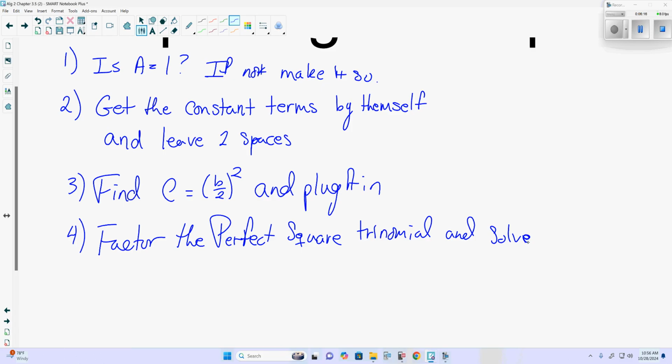Our quadratic on the left-hand side is going to be a perfect square trinomial. It's really just factor it and solve. At that point, all we're doing is factoring and solving. These are our four main steps. Now, if we can simplify our solutions, we're going to simplify them.